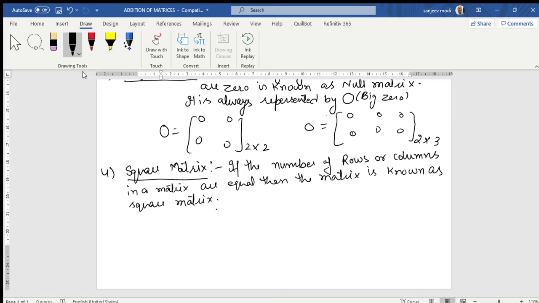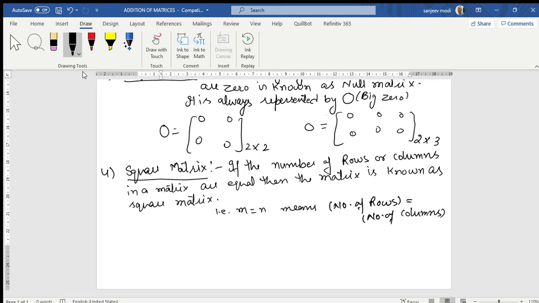That is, M equal to N, means number of rows equal to number of columns.